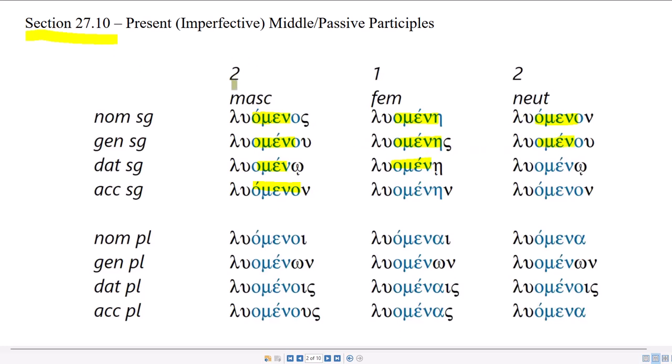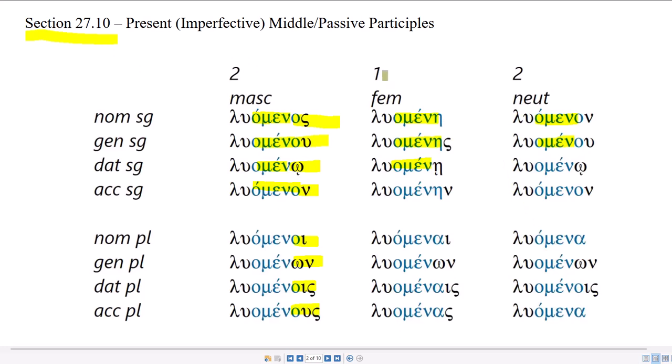Now we have second declension endings here. So we have os, ou, o, on, oi, on, ois, ous, exactly what we know from the second declension. And that's the same as the neuter second declension. So we have on, ou, o, on, and then a, on, ois, a. Those are the same as what we know from second declension nouns.